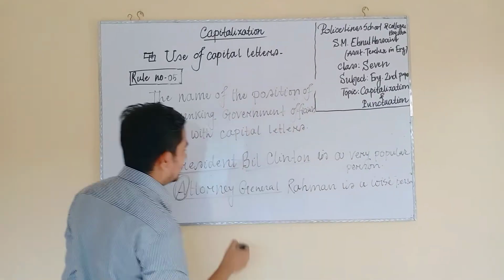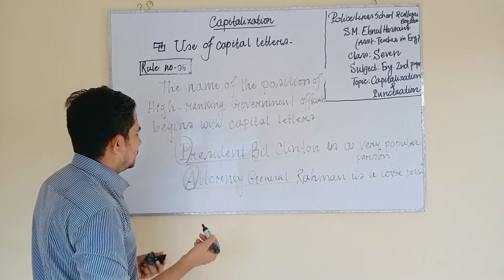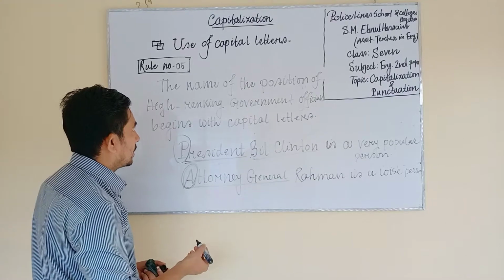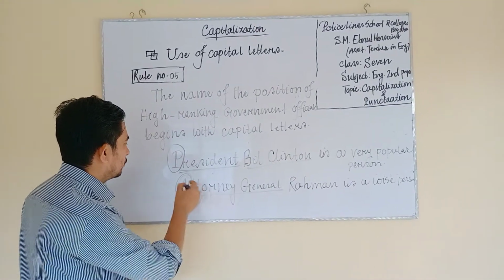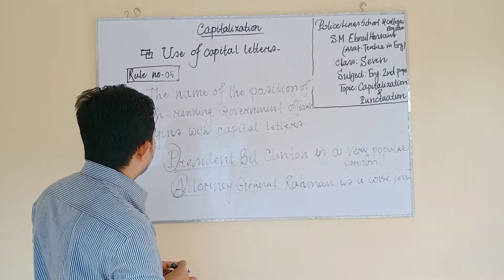So this is the name of the high-ranking position, Attorney General, and this name of the position of the government official begins with the capital letter A. So this is the fifth rule.